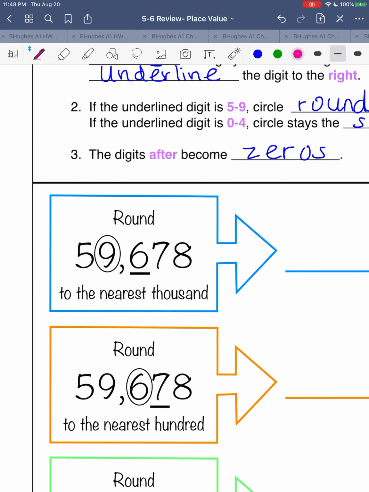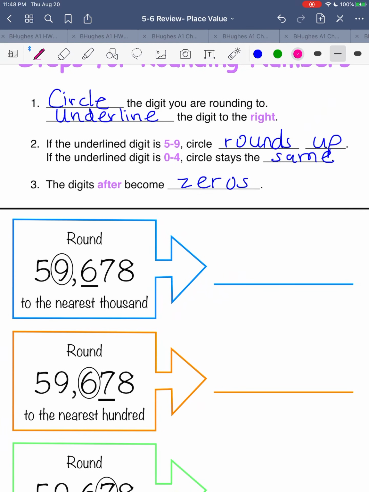So let's look at this first example. I gave you a tricky one to begin with. We are going to round to the nearest 1,000, 59,678. So I have circled the place that we are rounding to, which is the thousands place. We know that the only 2 possible answers are going to be 59,000, or, that's the tricky part, what would be the 1,000 that is above 59,000?